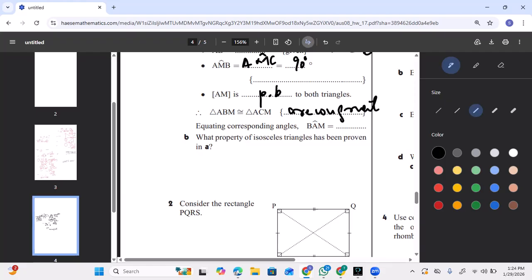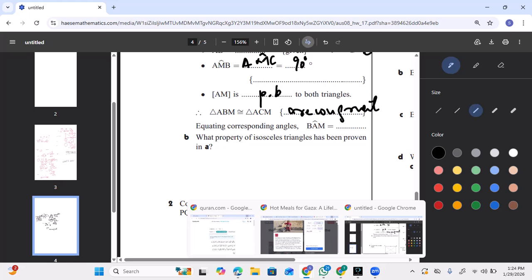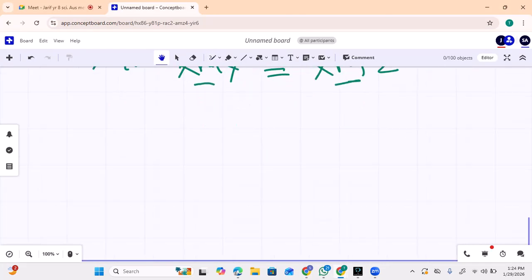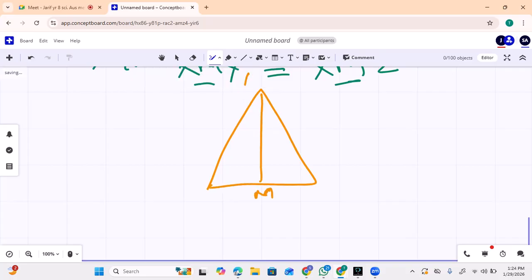And why they're congruent, let's write that on the board because we don't have enough space here. We had this triangle here, and M was the bisector, with A, B, and C, and with this angle, and these two were the similar lines.